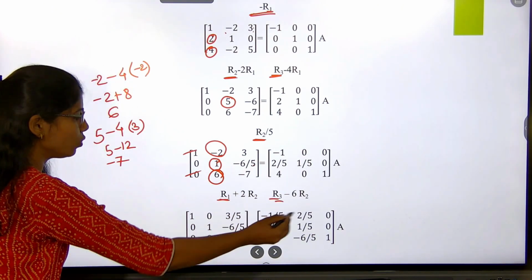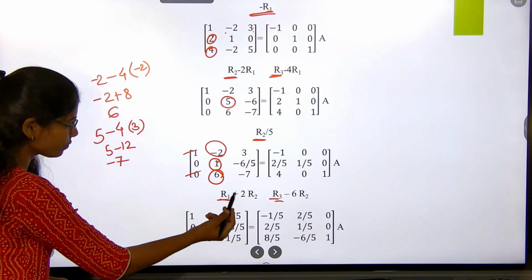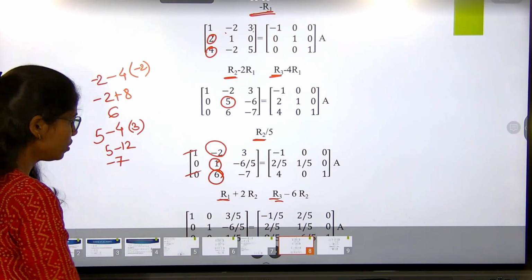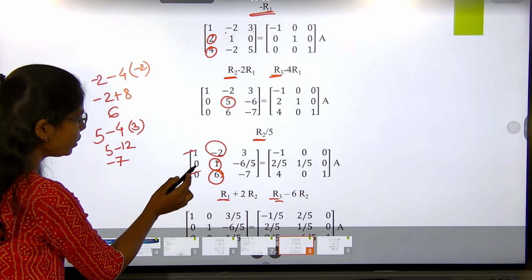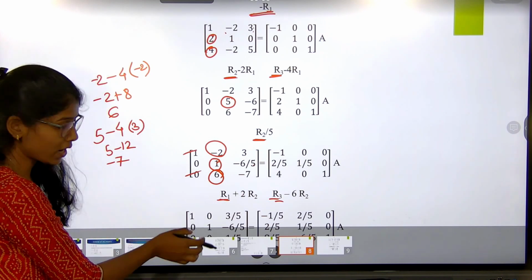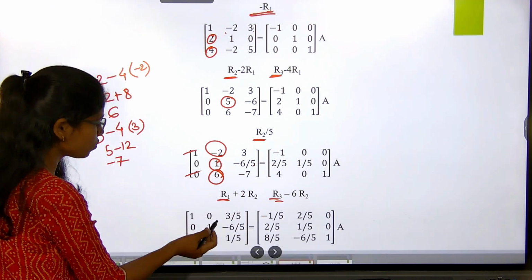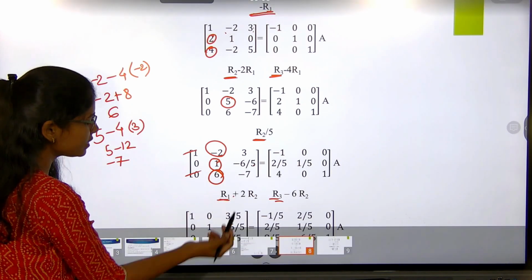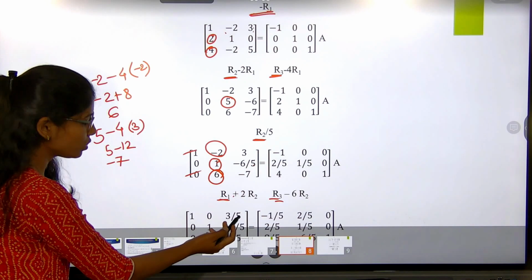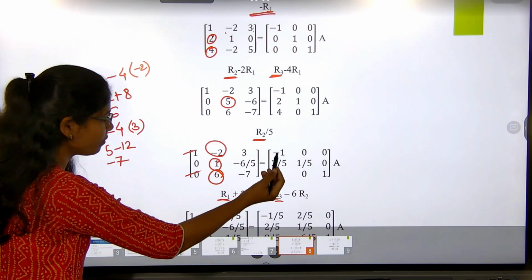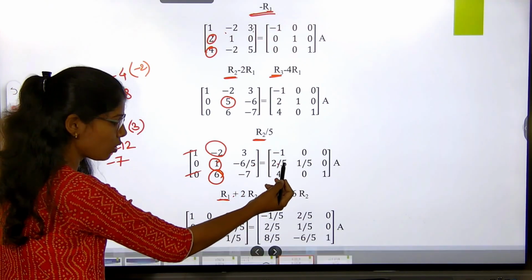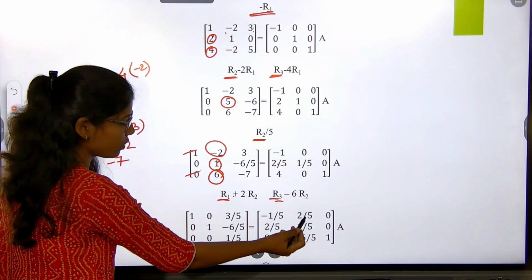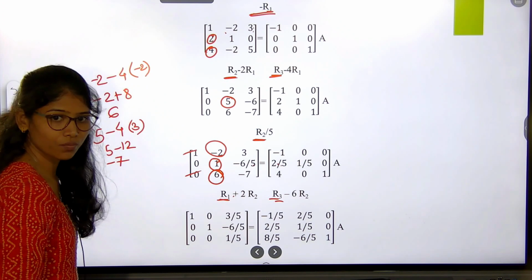So write down R2 as it is and change R1 and R3 using these operations. So what we get? 1 plus 0 into 2, so it is 1. 2 minus 2 plus 2, so it is 0. 3 plus 2 into minus 6 upon 5, so it is equal to 3 upon 5. Same, minus 1 plus 2 into 2 upon 5, so it is minus 1 upon 5. 0 plus 2 upon 5. 0 plus 0 is 0.